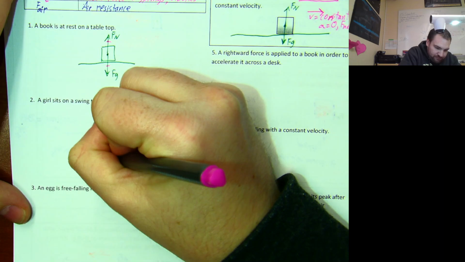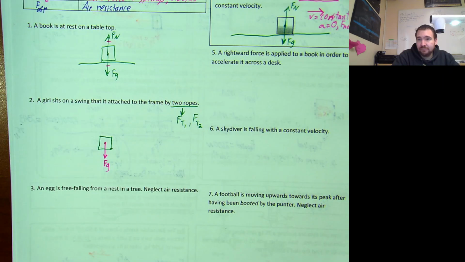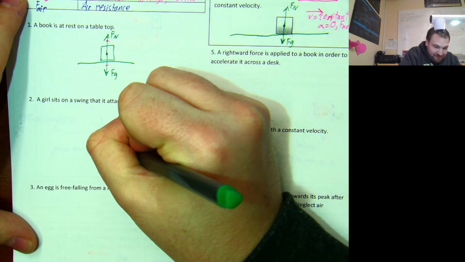Okay, so if we've got a girl, oh, sorry, where's my mouse? There's my mouse. Okay, so if that's our girl, there's the seat. What other force is acting on the girl? We're going to have a normal force. She's on a surface. It's a normal force.